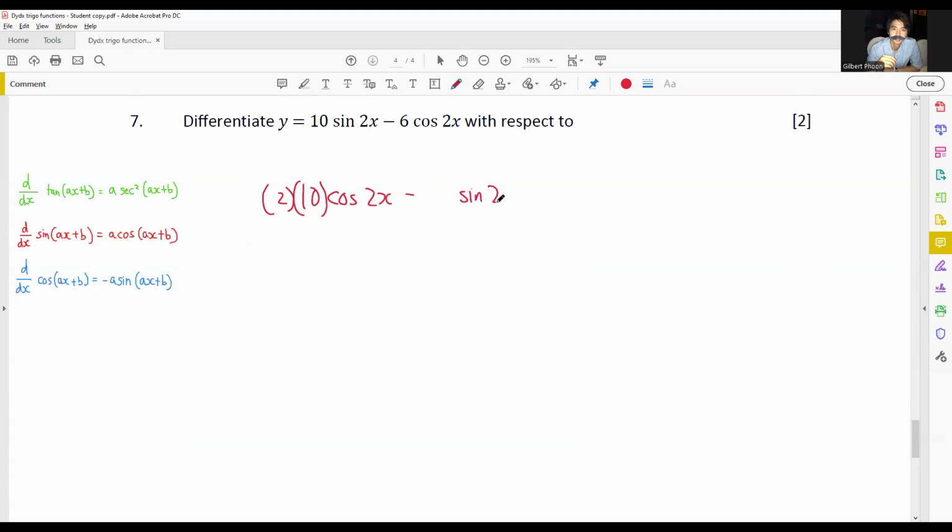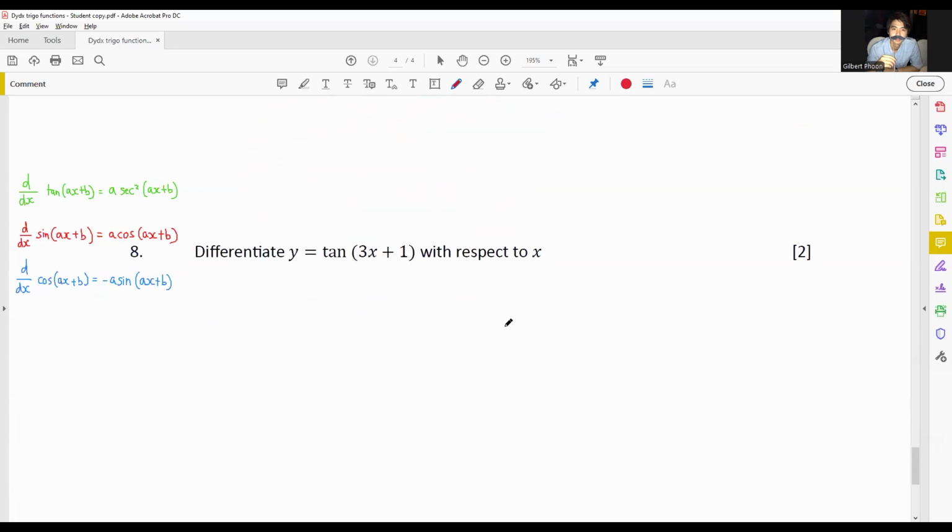So sine 2x times negative 2 times 6. Rewriting this whole equation, dy dx is equal to 20 cos 2x plus 12 sine 2x.